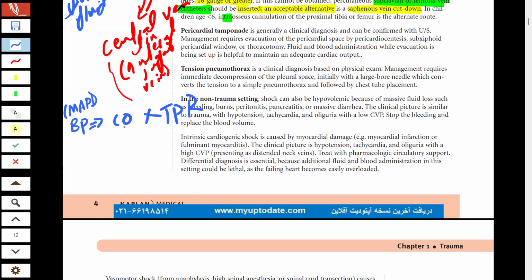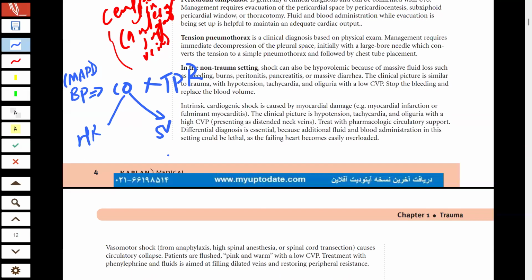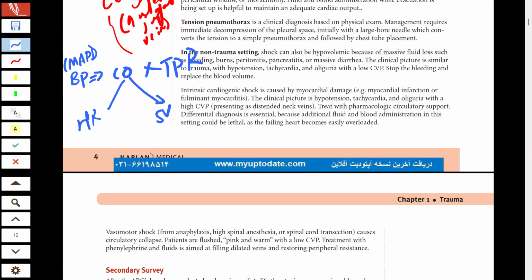Cardiac output further depends upon heart rate and stroke volume. Stroke volume further depends upon preload and contractility.